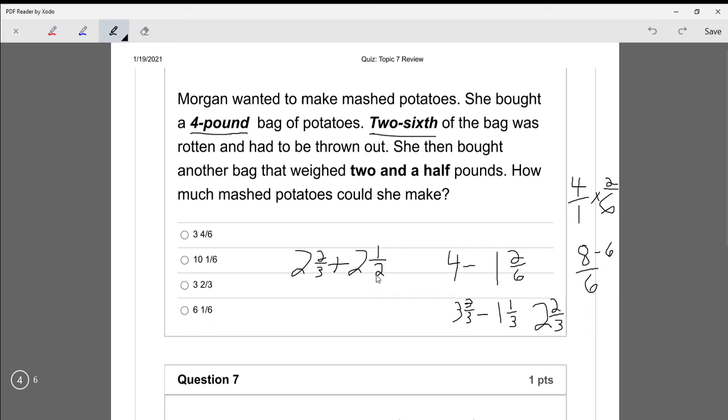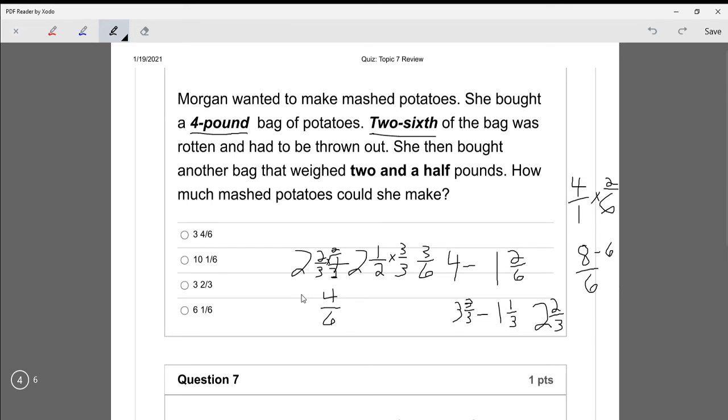So we have to change this. 3 and 2, the common denominator is 6. So this would be times 3 over 3, which would be 3/6. And then this would be times 2 over 2, which would be 4/6.